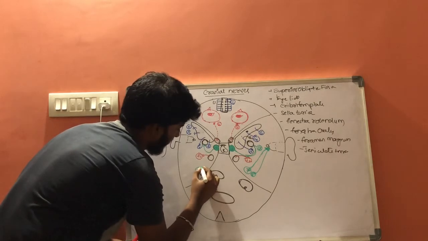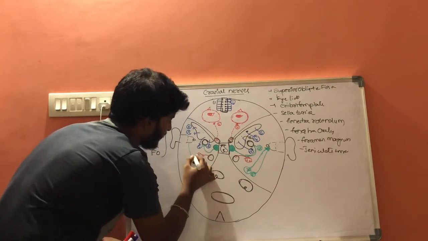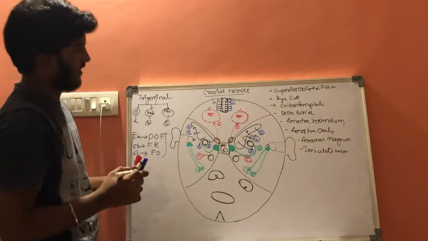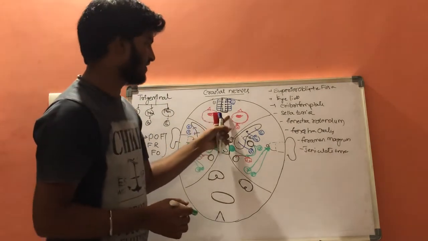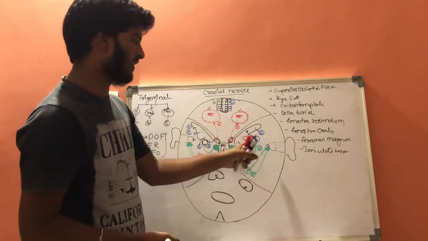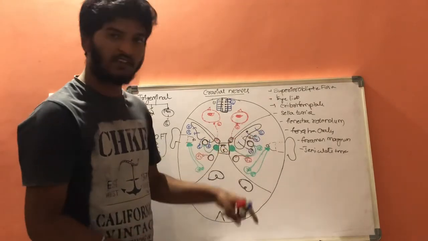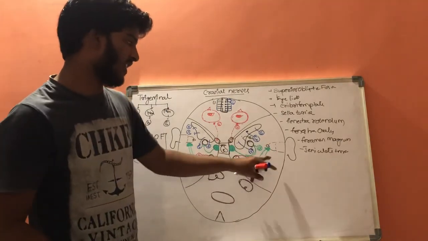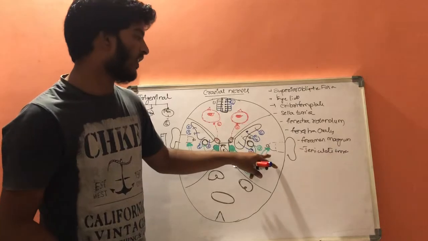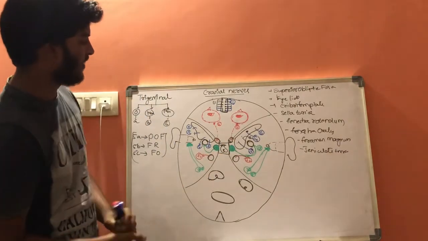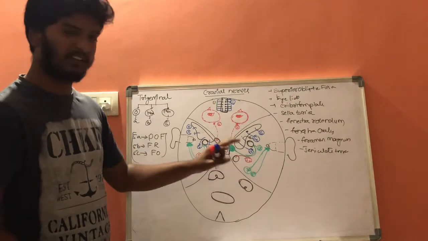The first is completed, second is completed, third, fourth, fifth and sixth nerves are completed, and the 7th and 8th nerves are completed. The 7th and 8th nerves enter into the external auditory meatus. Now the remaining are the 9th, 10th, 11th, 12th.